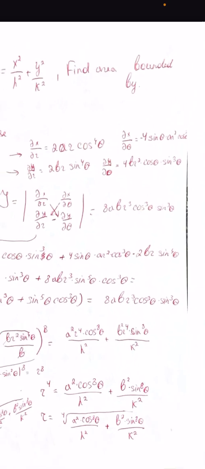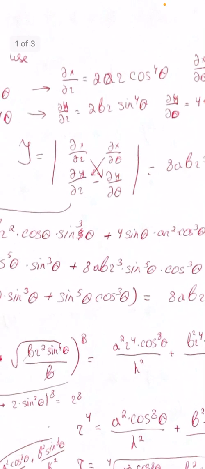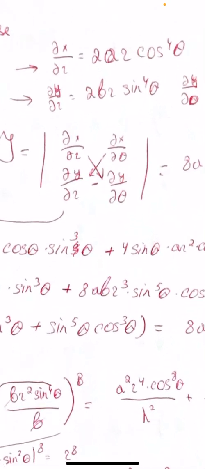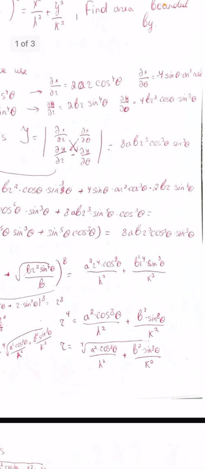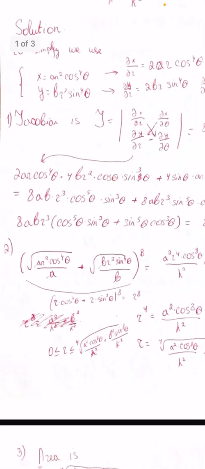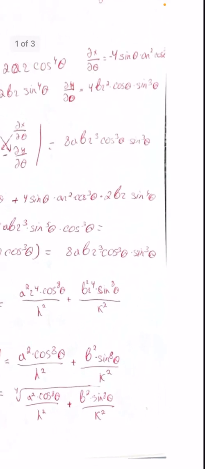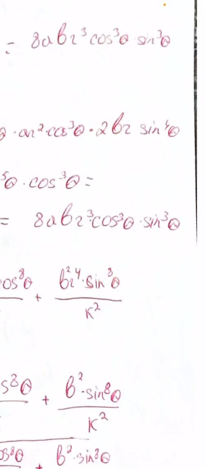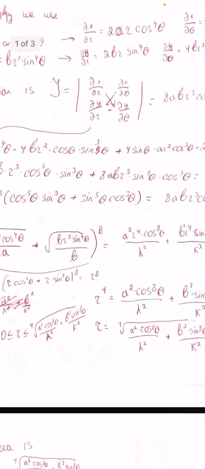They are all here, so we just need to put them in and find the matrix. In order to find the determinant, we multiply diagonals and subtract them. Finally, after we put everything, we are going to find 8 multiply a multiply b multiply r cube multiply cosine cube alpha multiply sinus cube alpha.